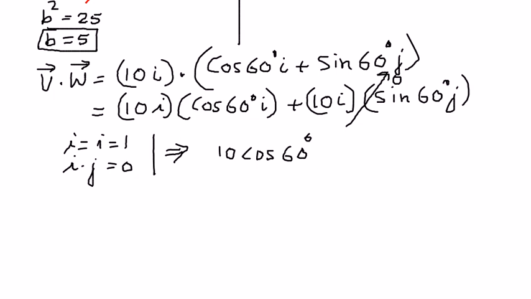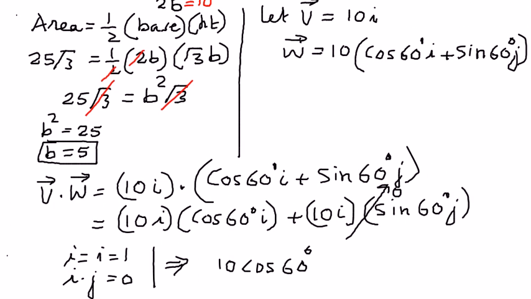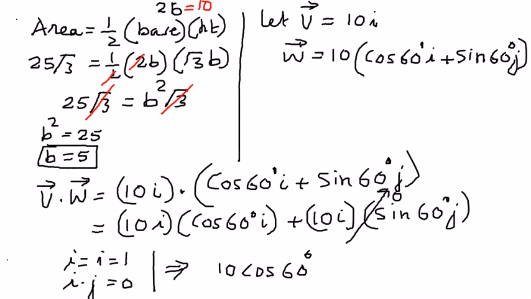There is a 10 in front of this, so 10 times 10 cosine 60 degrees. There should be a 10 here, 10 cosine 60 degrees, and there is a 10 outside of this.